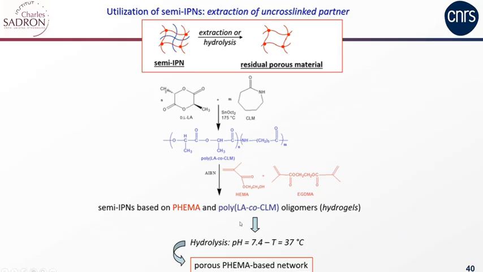And if you do an extraction, you will remove the oligomer and you will create a porous polyhydroxyethyl methacrylate network. Or you can also hydrolyze in physiological conditions the polylactate caprolactam at pH 7, 37 degrees to generate a porous network.